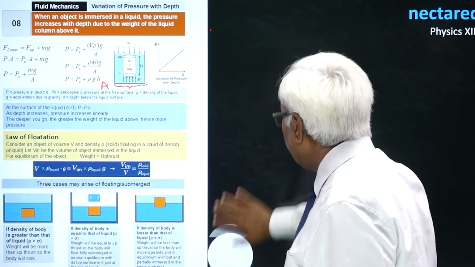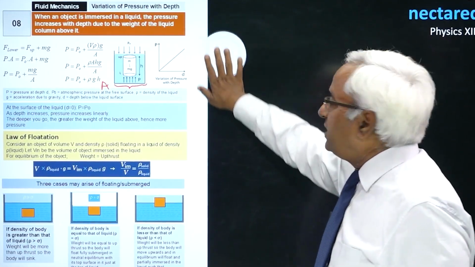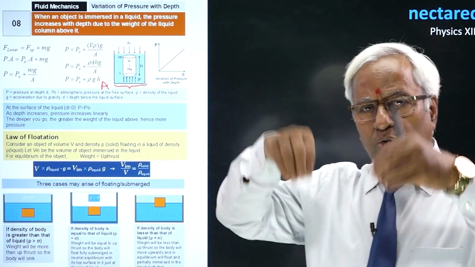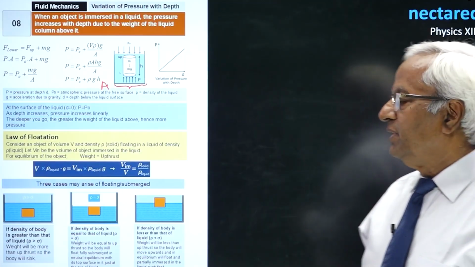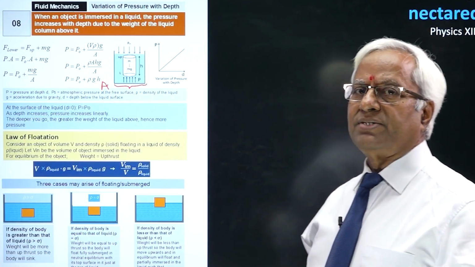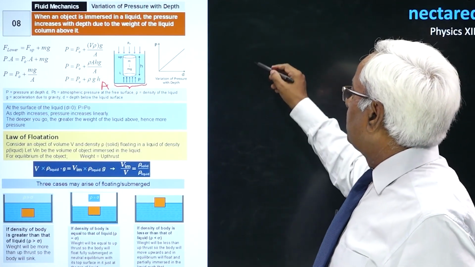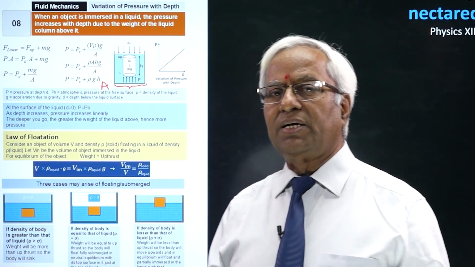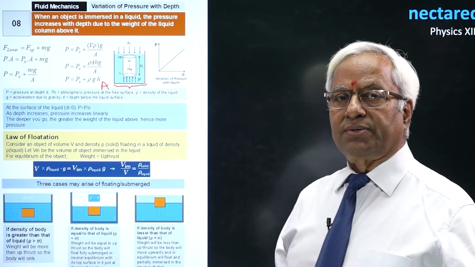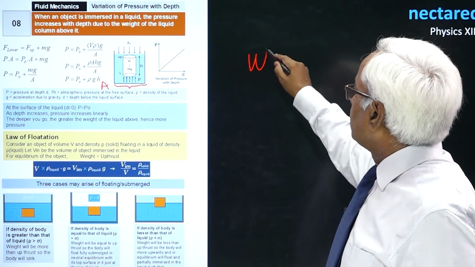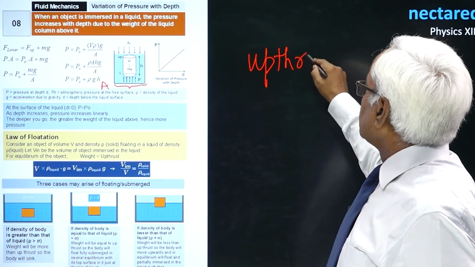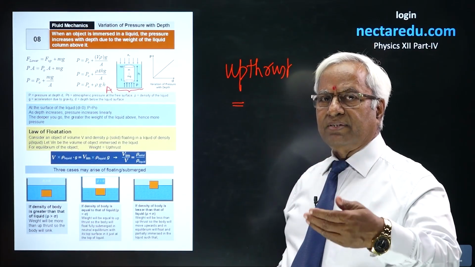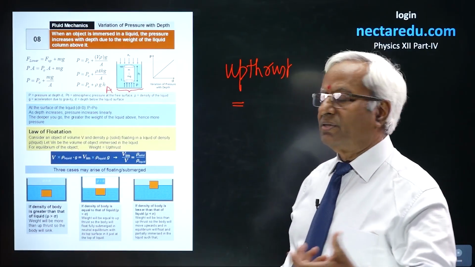Now, depending on the density of the material that is allowed to be immersed or thrown in the liquid, there are three conditions that we will study in detail. But according to Archimedes' principle, whenever a body is immersed in a liquid, there is upthrust. Thrust means a pressure. Upward acting pressure, that is known as upthrust.